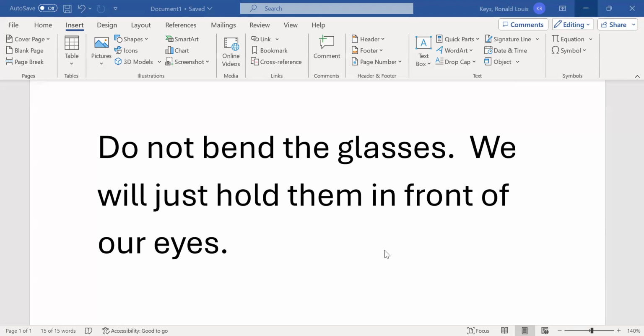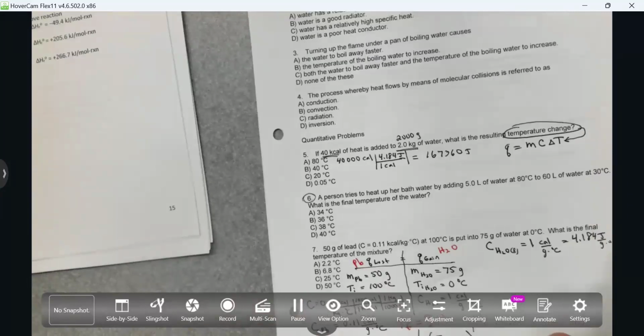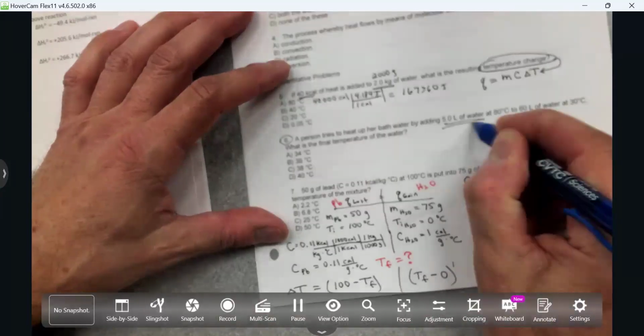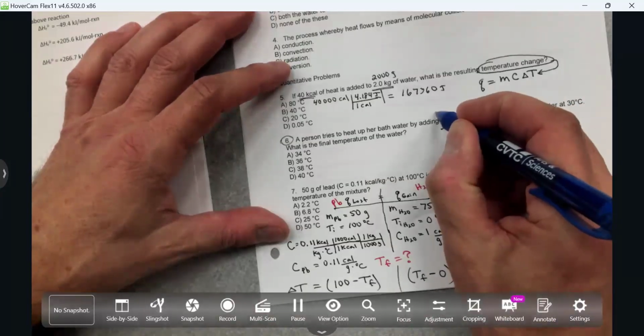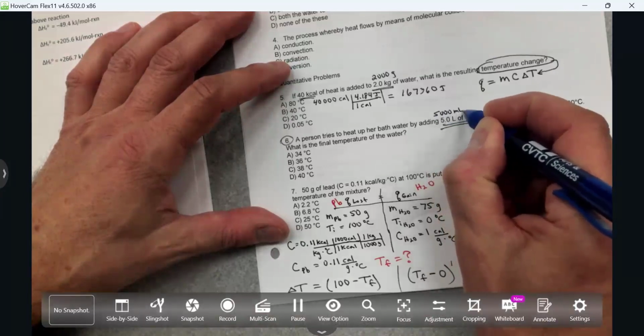Let's see, we've got 6 for a quiz question here. 5 liters of water. So 5 liters would be 5,000 milliliters.